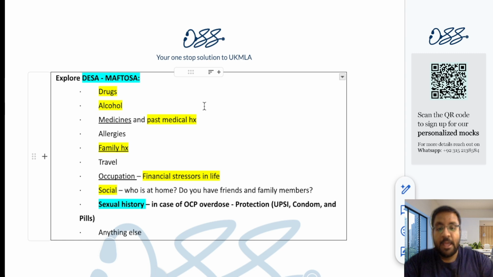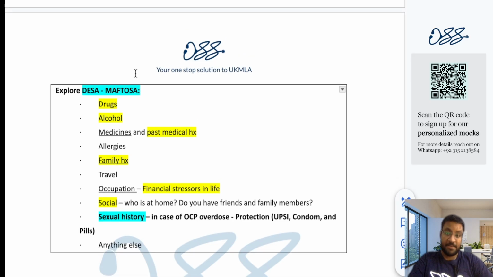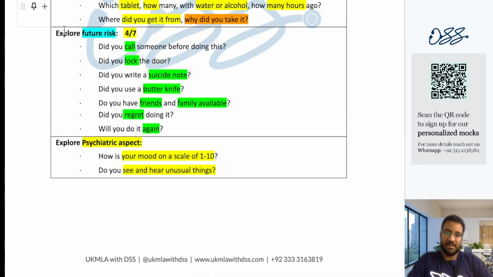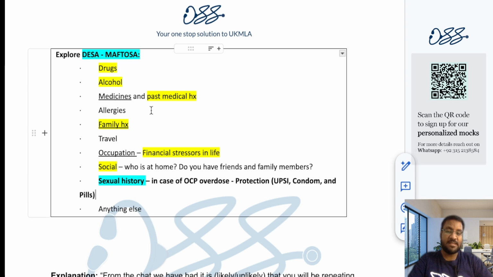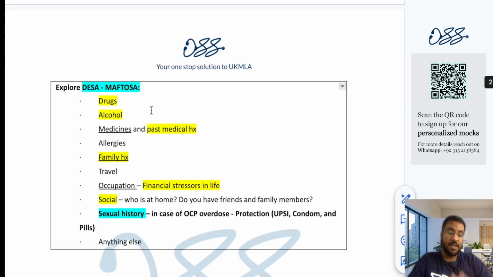Based on your assessment and understanding, if you see that the patient has future risks, and the attempt was such that the patient may repeat it again, and you are also getting a few risk factors from this section, for example the patient is a chronic alcoholic, the patient is taking drugs, the patient has financial stresses in life, the patient is living alone, all of these things would put the patient at a higher risk of suicide.